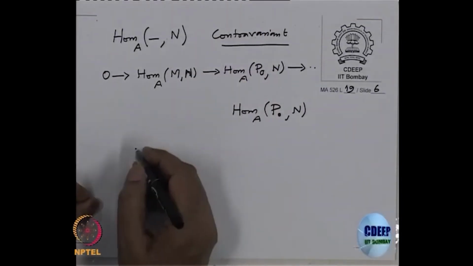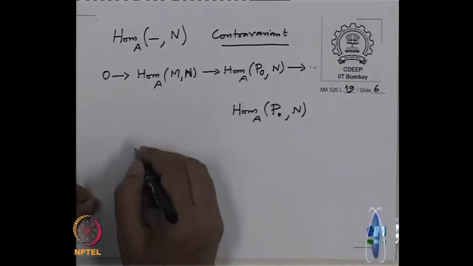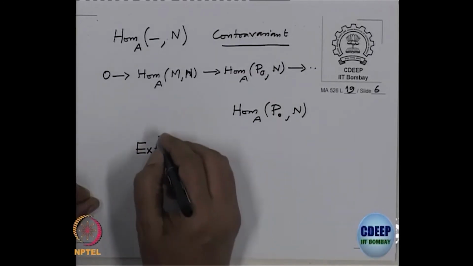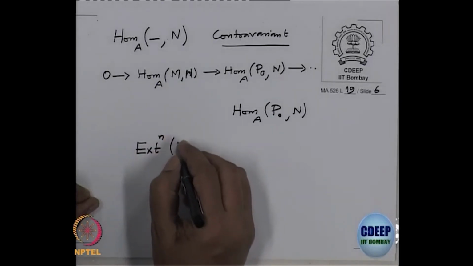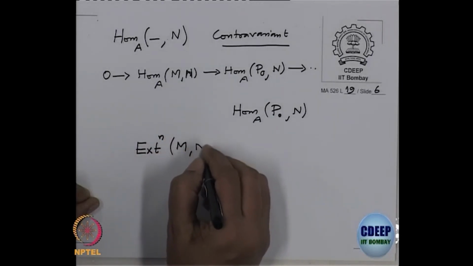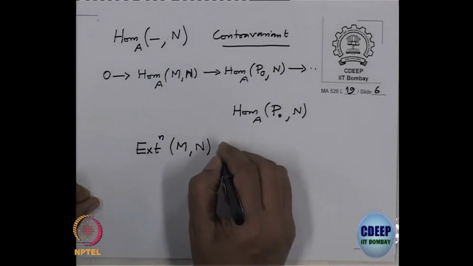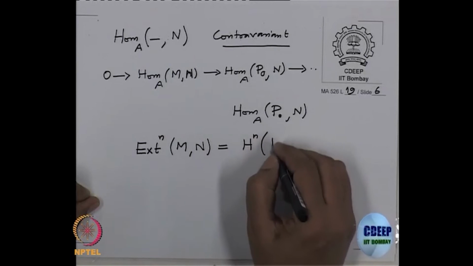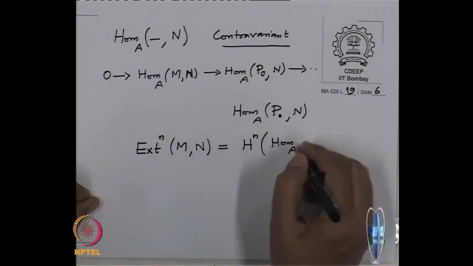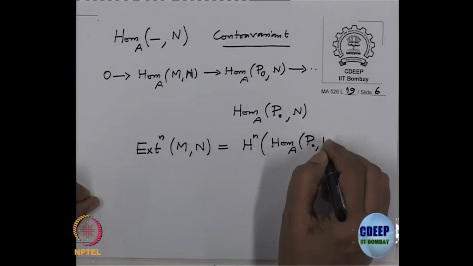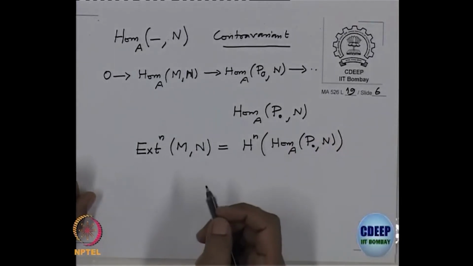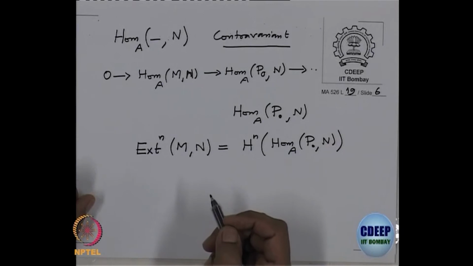So, those homologies or cohomologies are denoted by Ext n M N. This is by definition Hn of home A P dot N. Again the same, that is kernel by image.